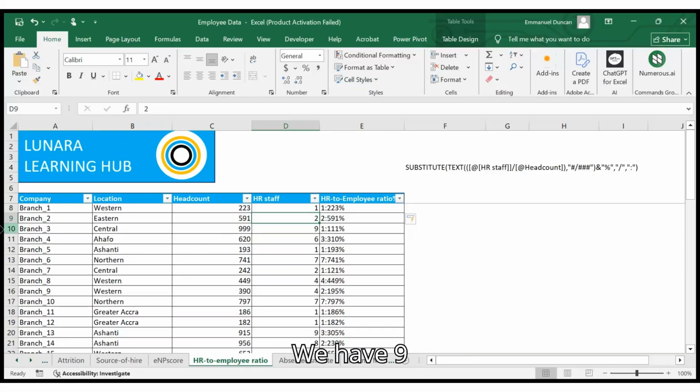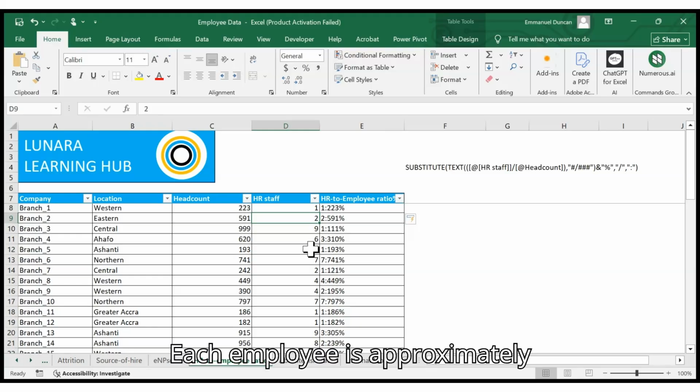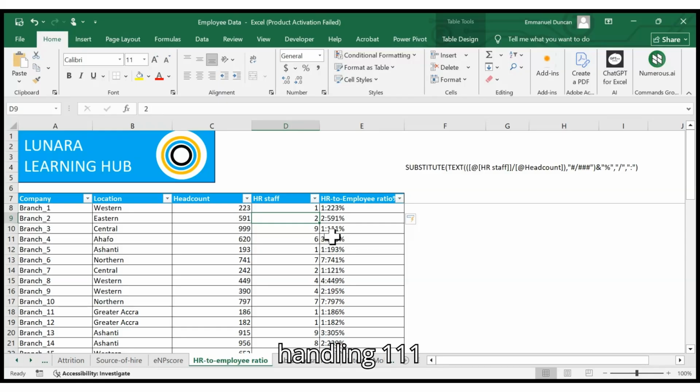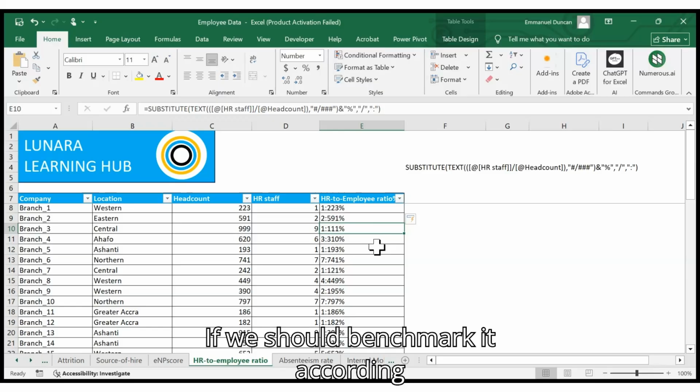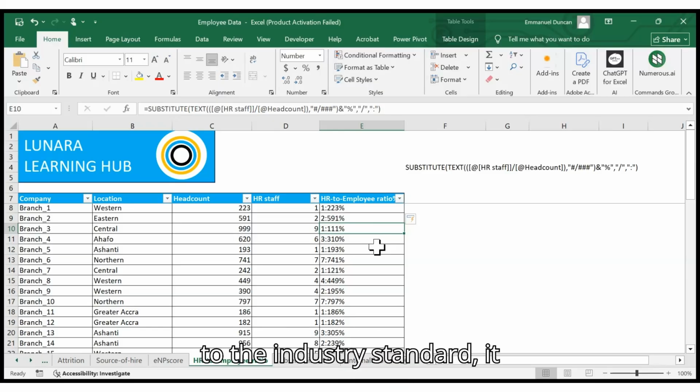We have 9 HR employees handling 991. So here, each employee is approximately handling 111 employees, which, if we benchmark it according to the industry standard, makes a lot of sense.